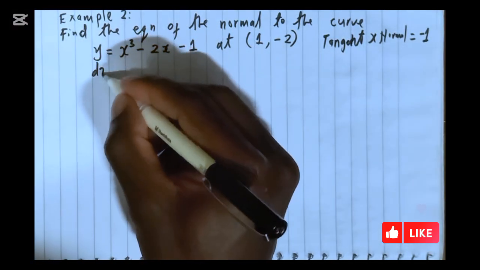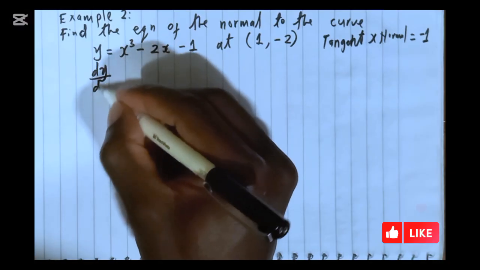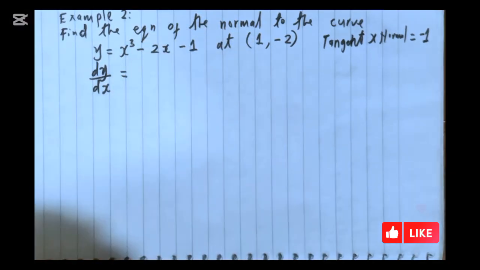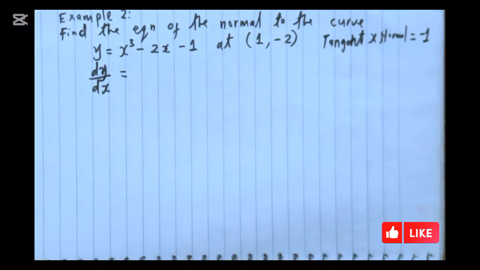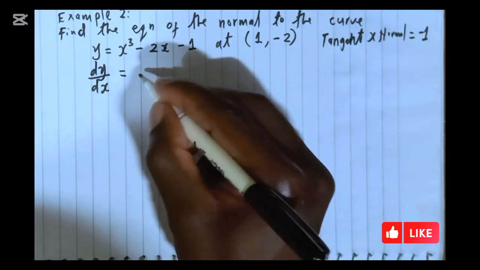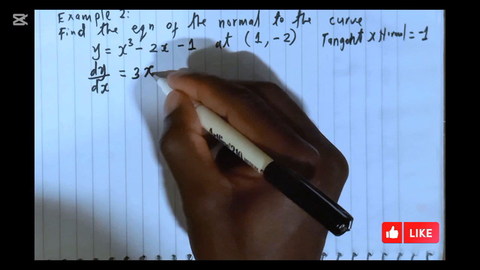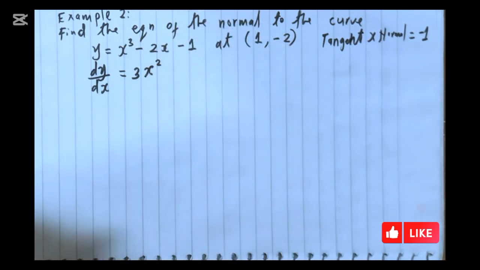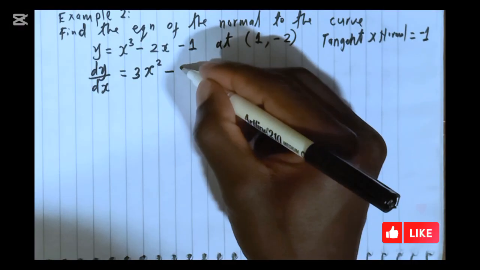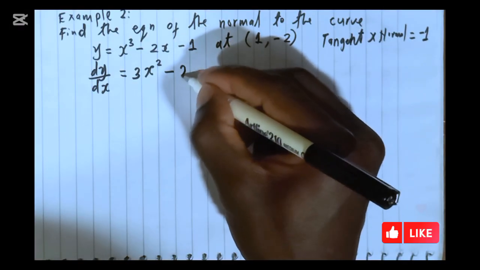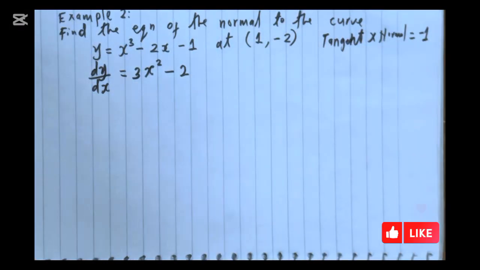We differentiate y with respect to x. Note that this is going to be 3 times 1, the coefficient of x cubed, and that gives us 3, and then x to the power 3 minus 1 giving us x squared. Then minus 1 times 2 giving us 2, and of course x to the power 1 minus 1 giving us x raised to 0, which is basically 1.